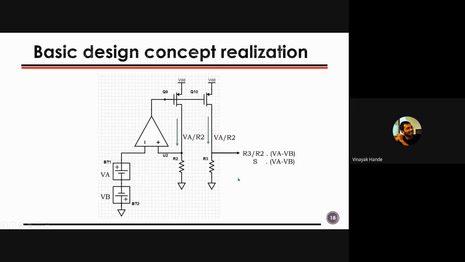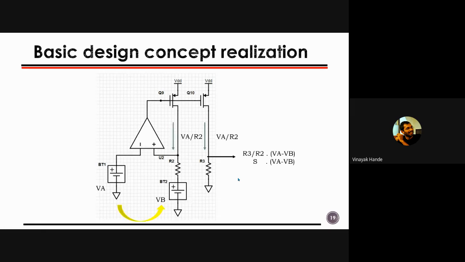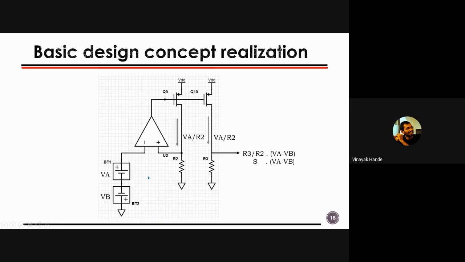I made a mistake with the current, but that's all right, I'll go ahead. As I said, if we look at the circuit carefully, I have connected VB in series.